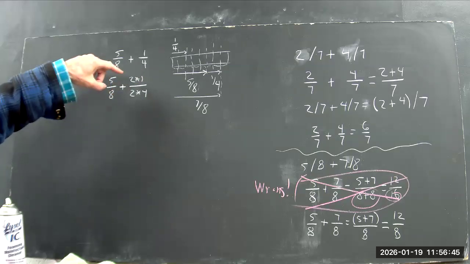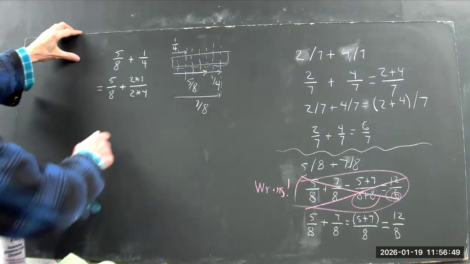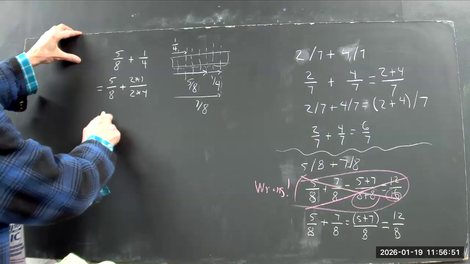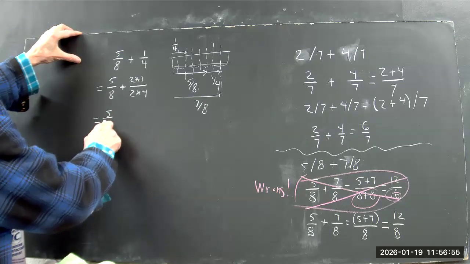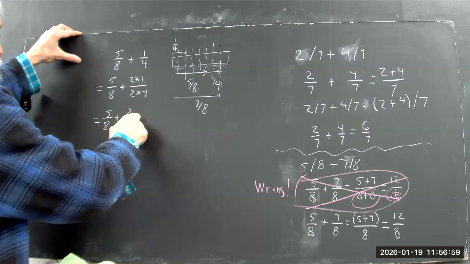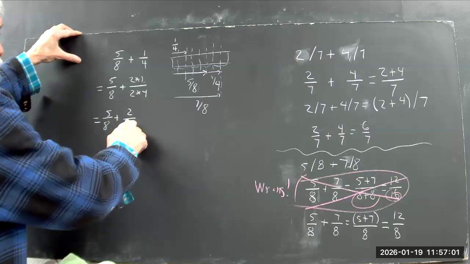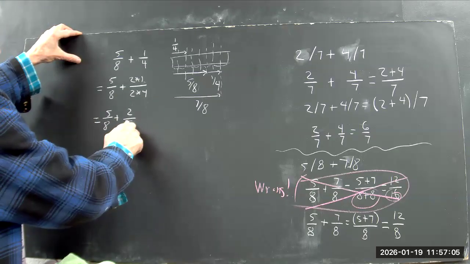But I want 2 times 1 over 2 times 4. Why do I want that? Because that gives me, I still have my 5/8. The 2 times 1 is 2. 2 times 4 is 8. So I have 5/8 plus 2/8.